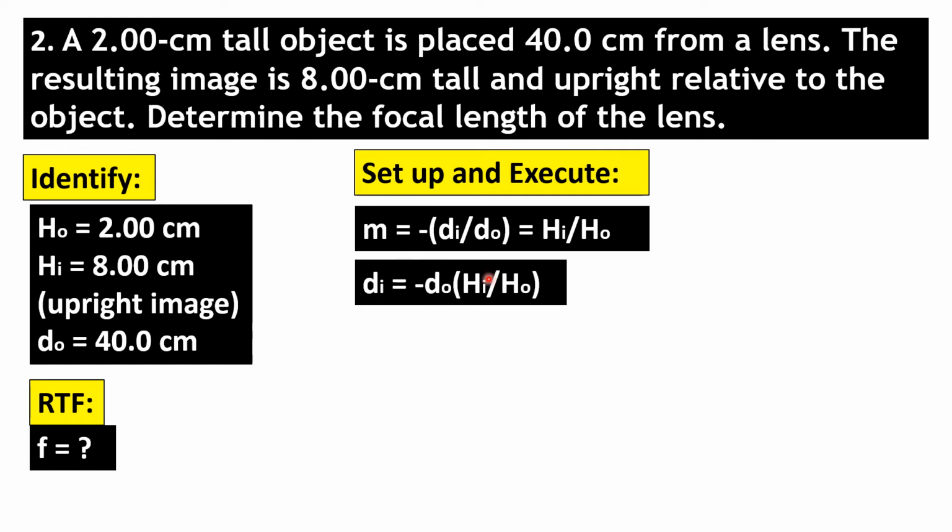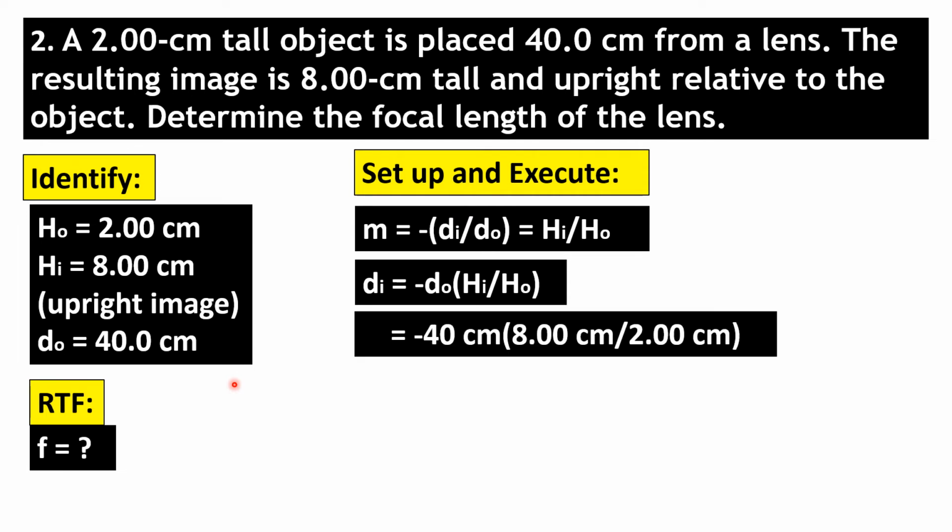Or we can go direct in finding the image distance. All we need to do is transpose the formula and isolate di, since we are looking for di, and that becomes di equals negative do multiplied by the ratio hi over ho.